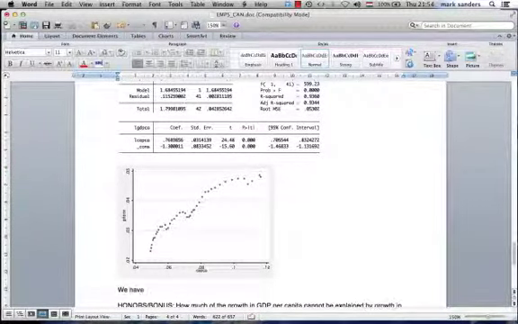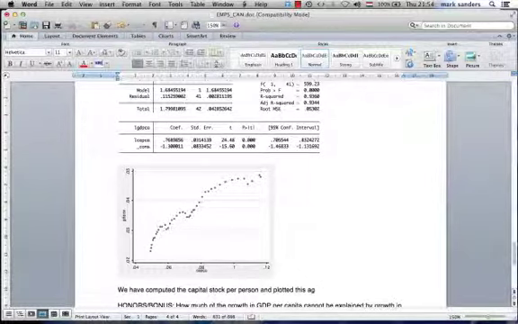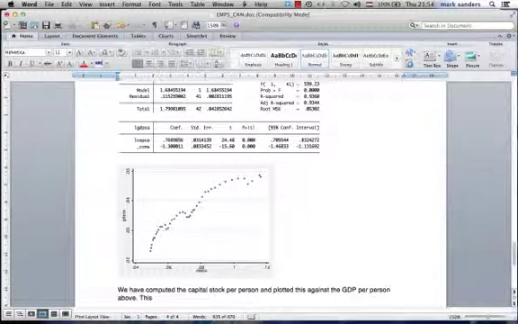We have computed the capital stock per person and plotted this against the GDP per person above. This picture shows a clear diminishing returns to capital.